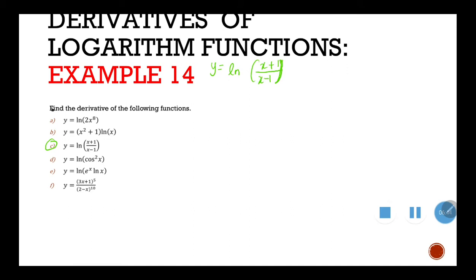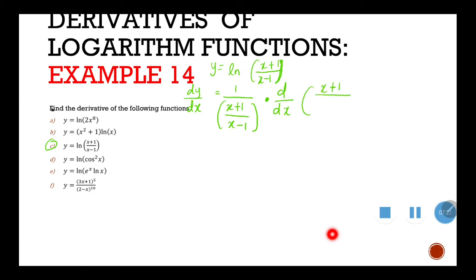Looking at this equation, first, remember the first rule to do dy/dx for ln is you put whatever in the bracket here, 1 over x plus 1 over x minus 1, and multiply with the d/dx of whatever in the bracket.